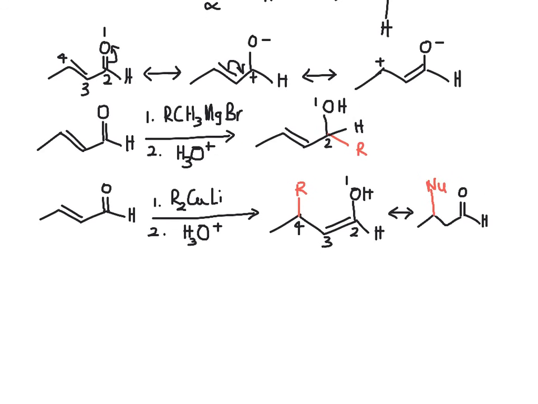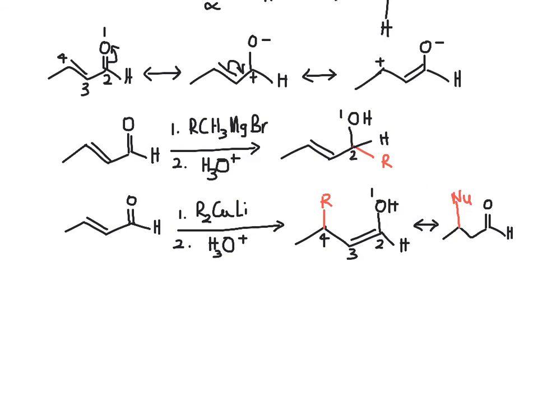Enolates, or this particular nucleophile that we used, the organocuprate, are called Michael donors. The electrophile, which is the alpha-beta unsaturated system or the conjugated system, is called the Michael acceptor.